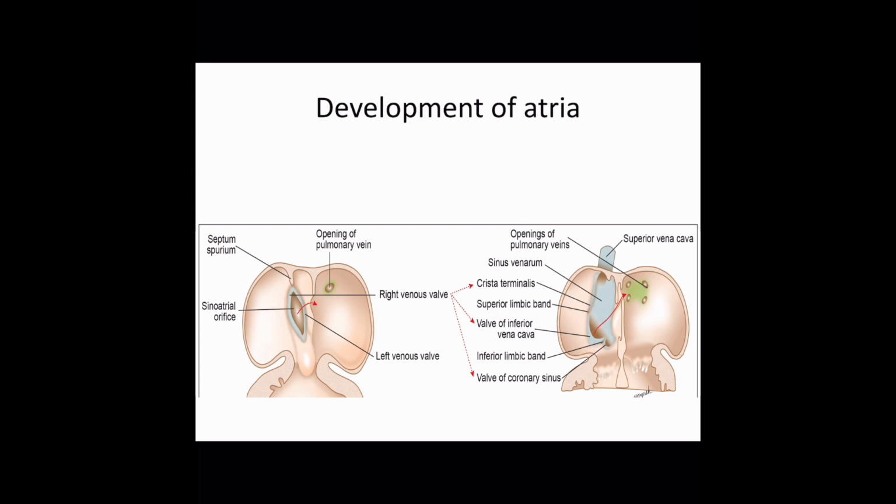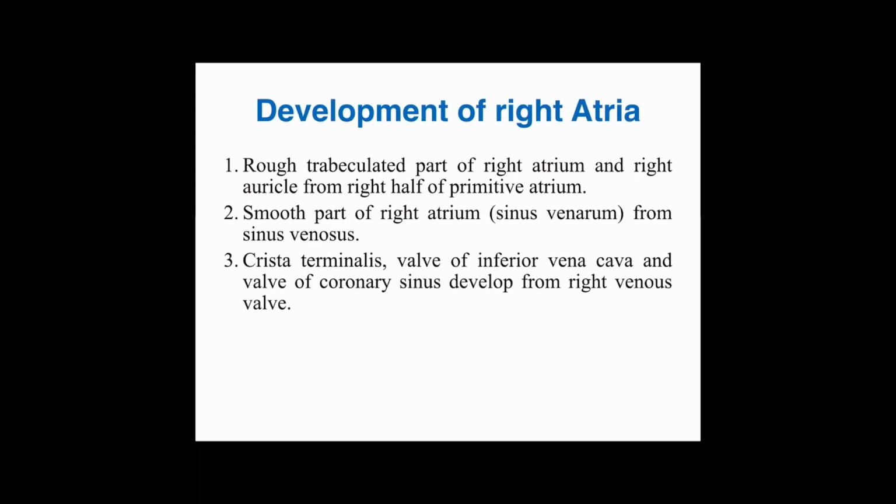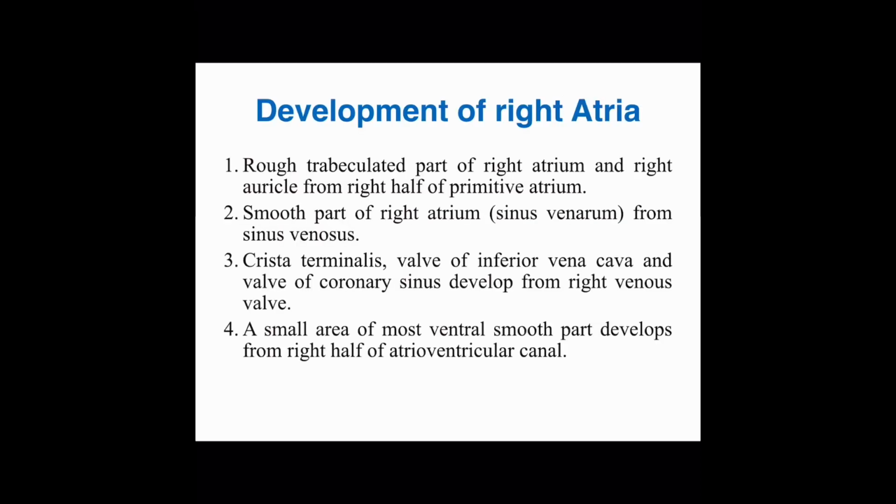The upper part will form crista terminalis, while the middle part will form wall of inferior vena cava and the lower part will form wall of coronary sinus. Okay, so this is about septum spurium and the development of right atrium. So these are the components of development of right atrium.